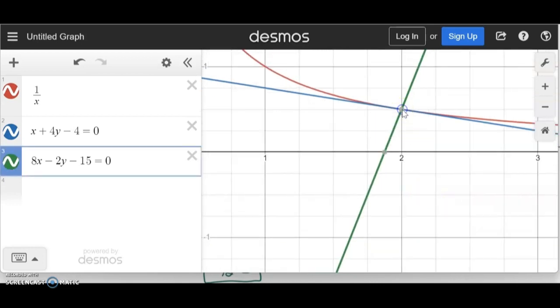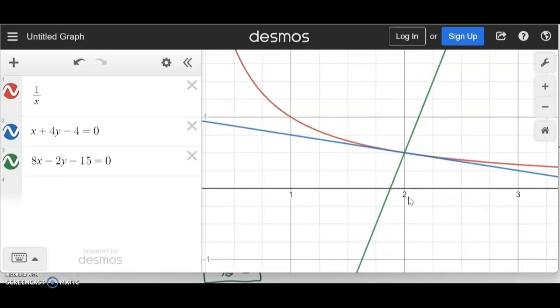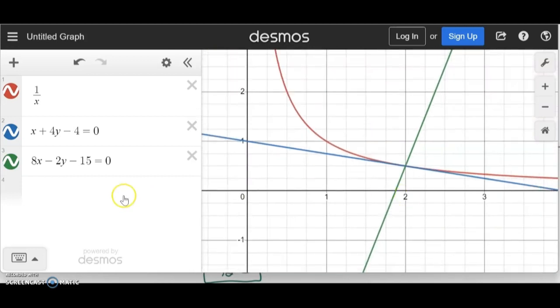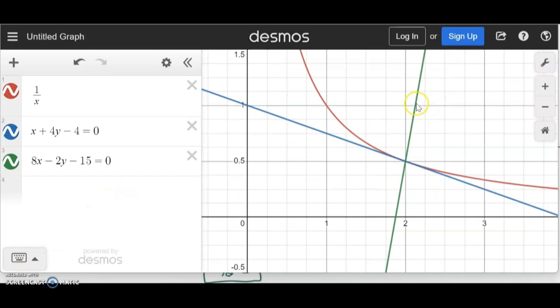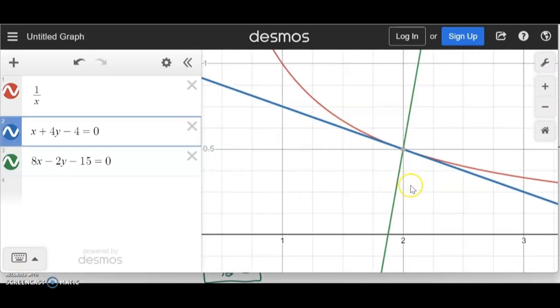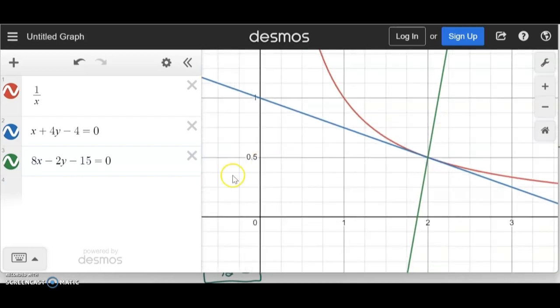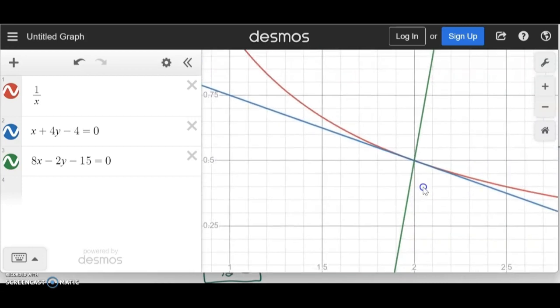Well, these are perpendicular. So this green line and this blue line are actually perpendicular. Again, I can't get this graph to be precisely square, so it's not going to look perpendicular from here, but they are.